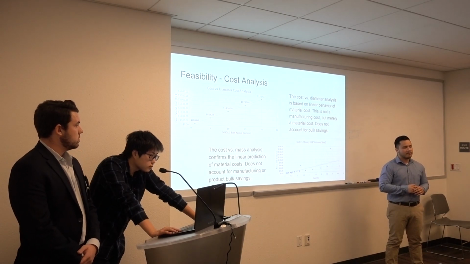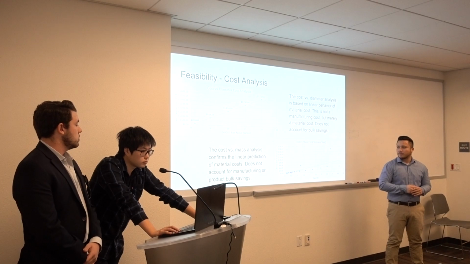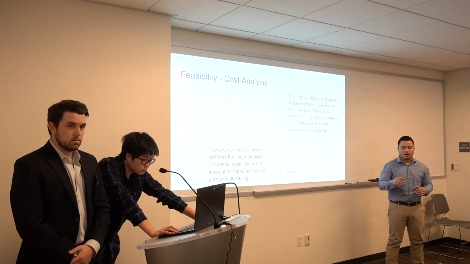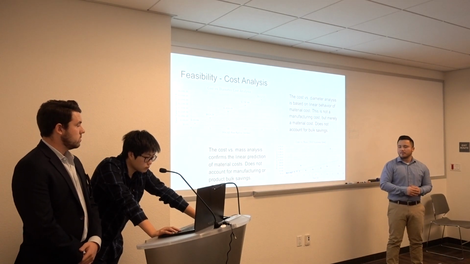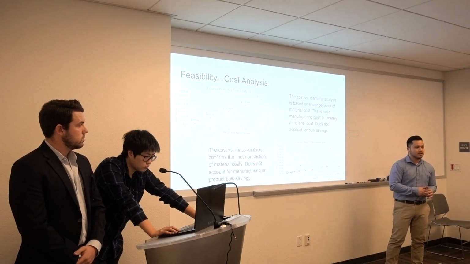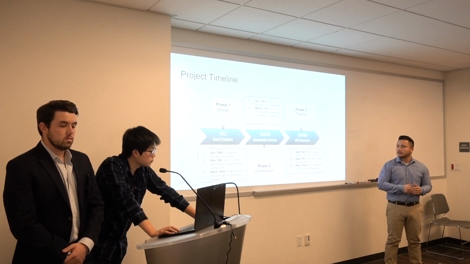That does not include the manufacturing cost. But as you can also see, we backed up our prediction with a separate set of data that gave us a cost versus mass analysis. And the mass of these reducers shouldn't surpass more than 5 pounds in total weight. So, we go to the next slide.